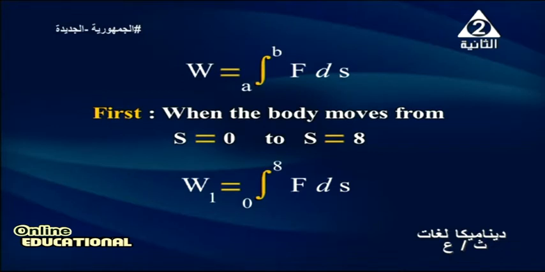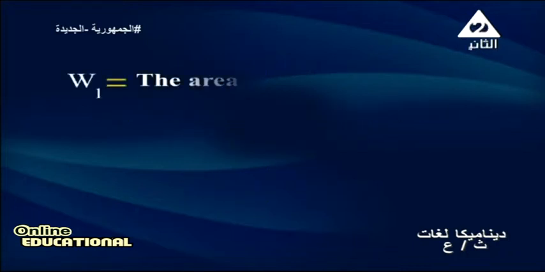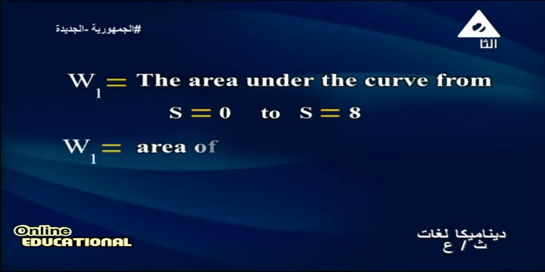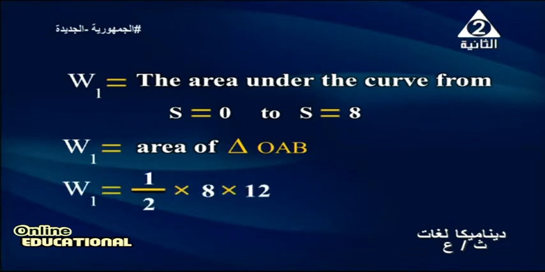And we know that the integration of F ds from 0 to 8 equals the area under the curve from S equals 0 to S equals 8. Then W1 equals the area of the triangle OAB, which equals half times base times height.